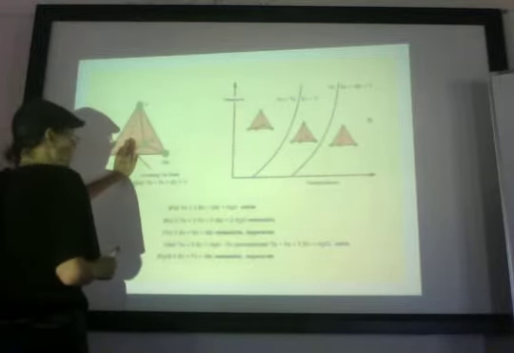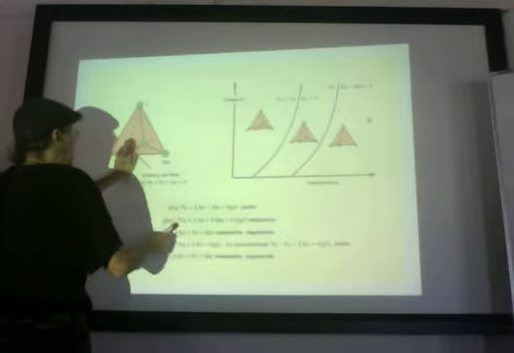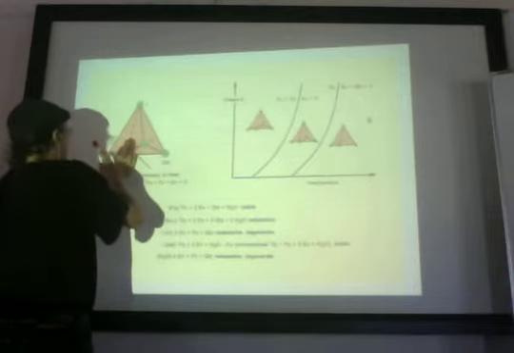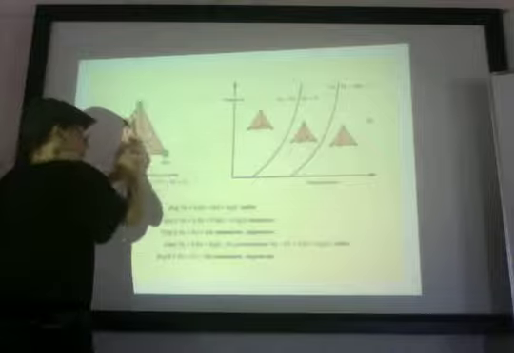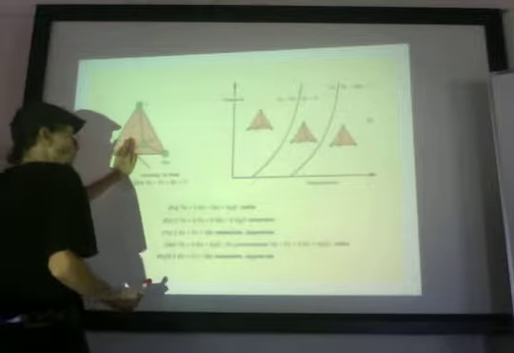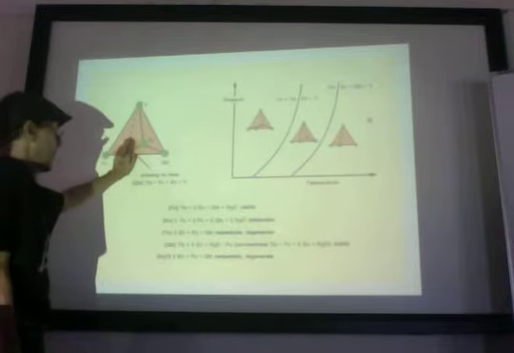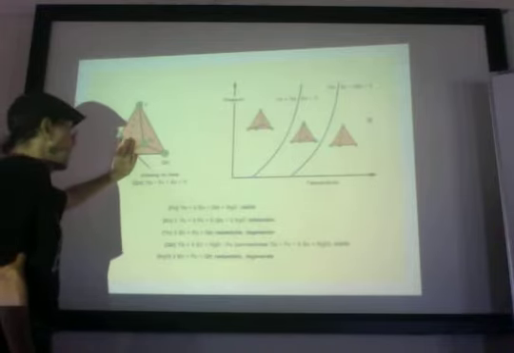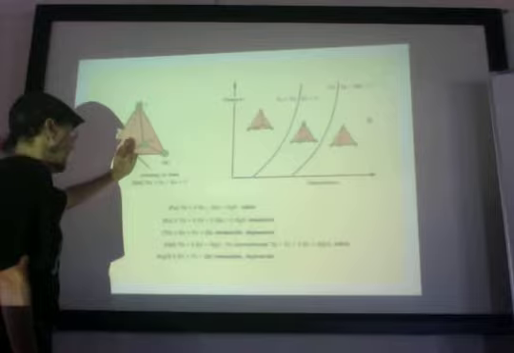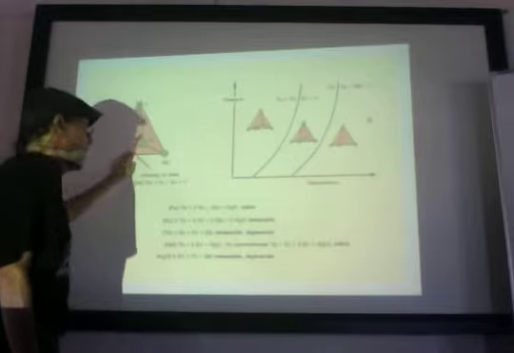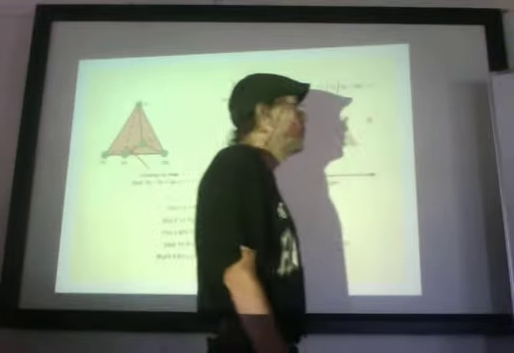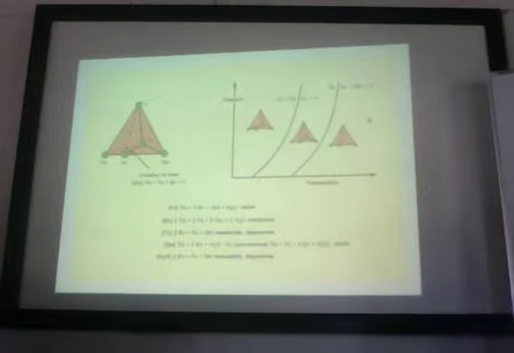Then we have here a reaction which is talc will give you enstatite plus quartz plus vapor. And that is the metastable relationship. If something is metastable, then you need just a little bit of energy to run the reaction.